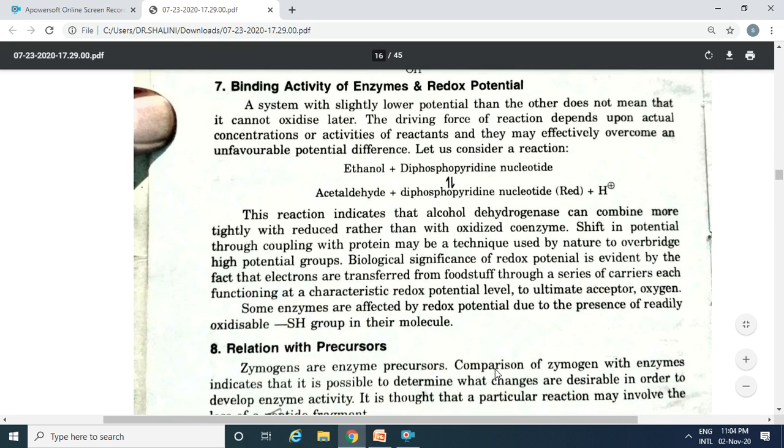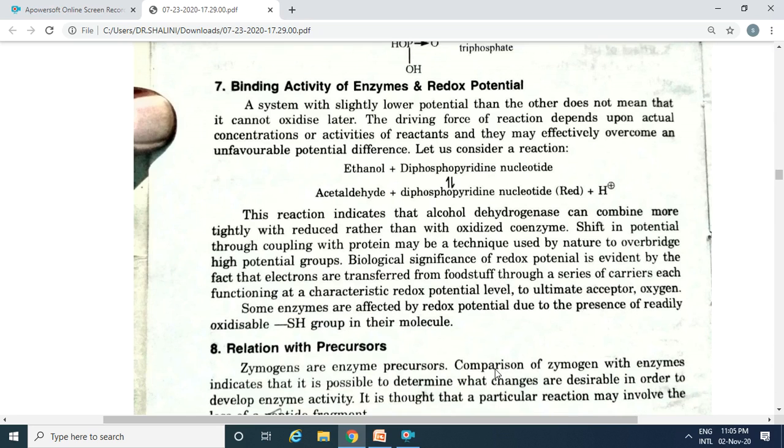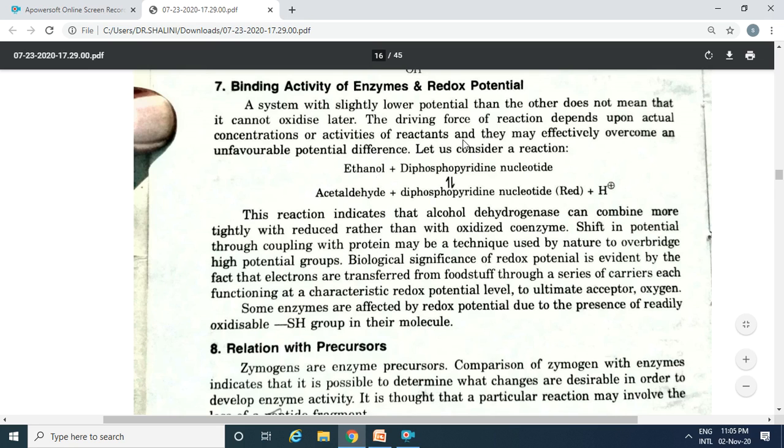Now, the next one is the binding activity of enzymes and redox potential. A system with slightly lower potential than the other doesn't mean that it cannot oxidize the latter. The driving force of a reaction depends upon the actual concentration or activities of the reactants. They may effectively overcome an unfavorable potential difference.